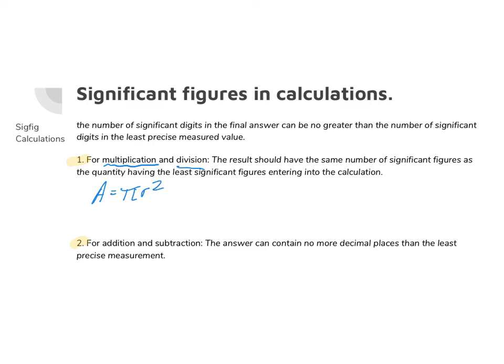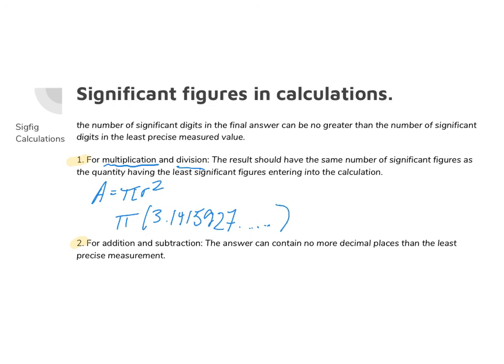Now, as we may be aware, pi is a very long number. To give you an idea here, let's give you some digits of pi. 3.1415, and it keeps going. As far as we know, pi goes and goes and goes.